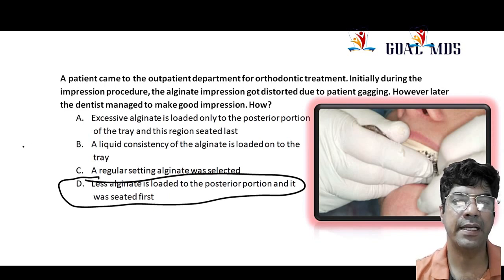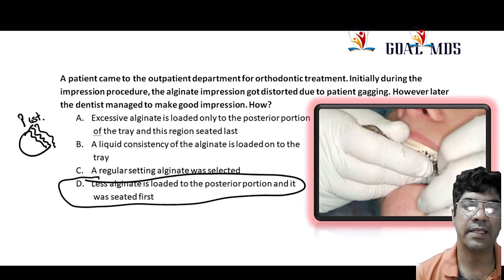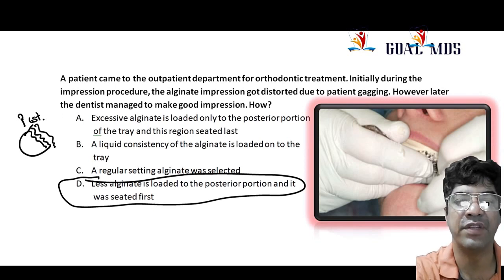So gagging, remember the gagging sensation. Suppose this one is a tray and more of the alginate is placed posteriorly. That would lead to gagging, which is triggered by the stimulation of the vagus nerve.